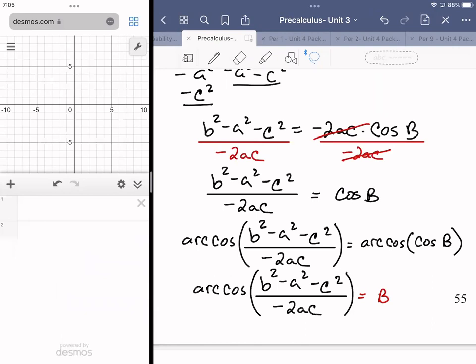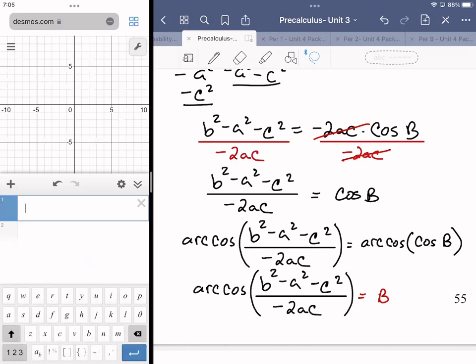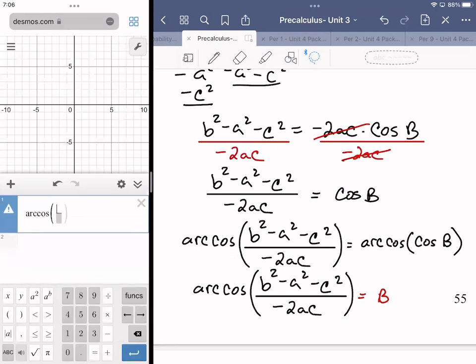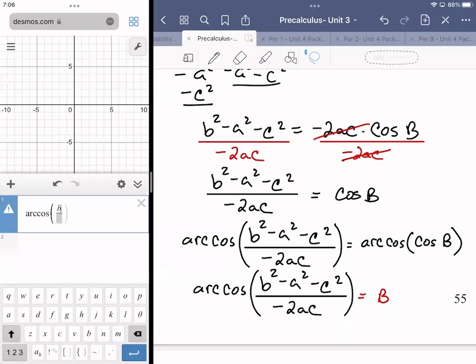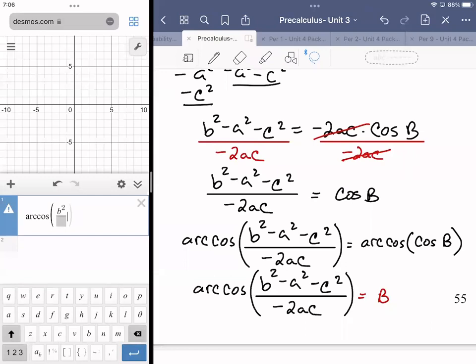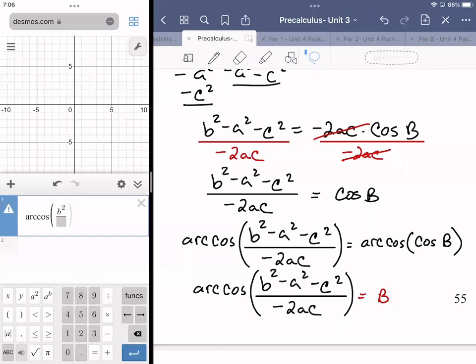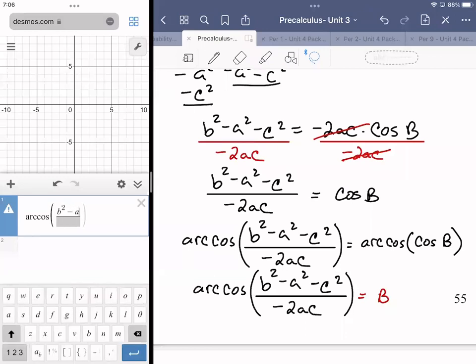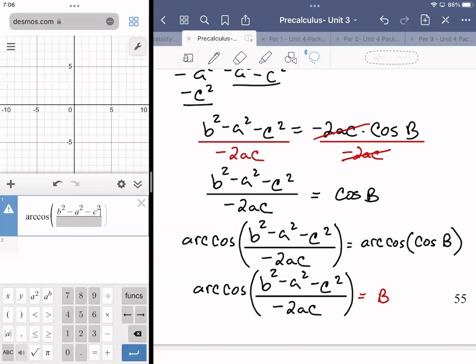And I'll put a nicer one up on Blackboard later, but I would type in arc cosine, open paren, B squared minus A squared minus C squared over negative 2AC.